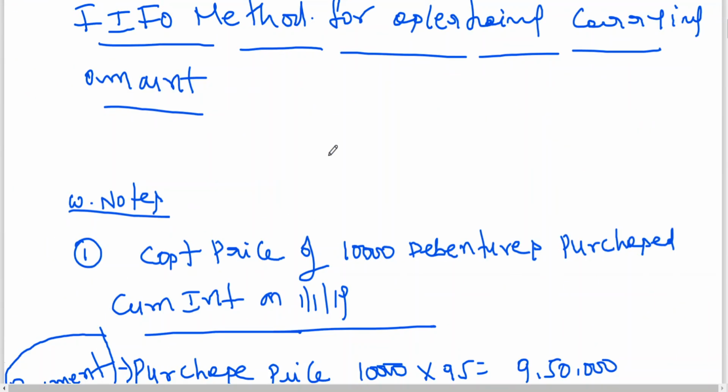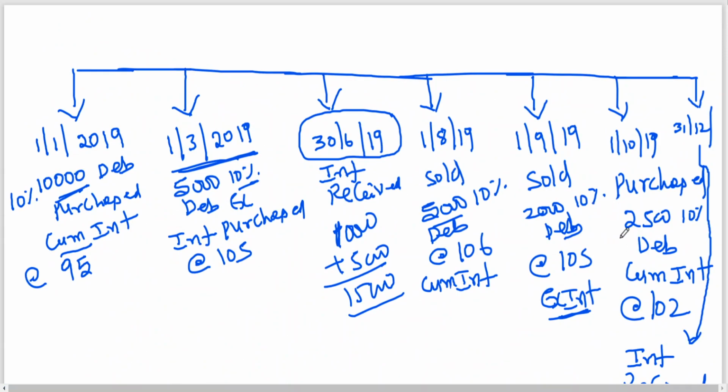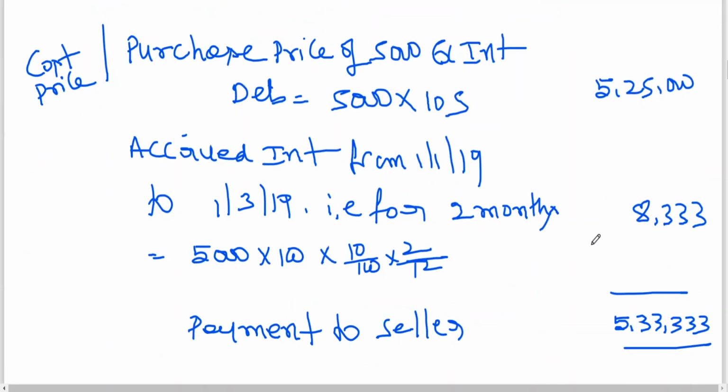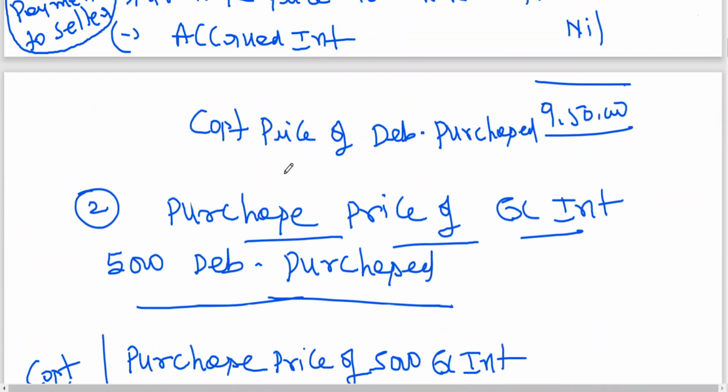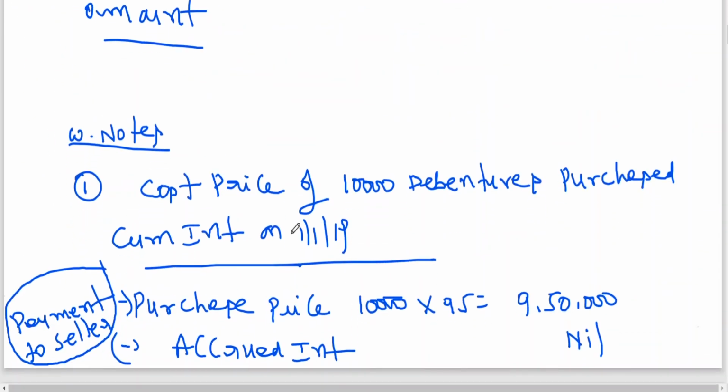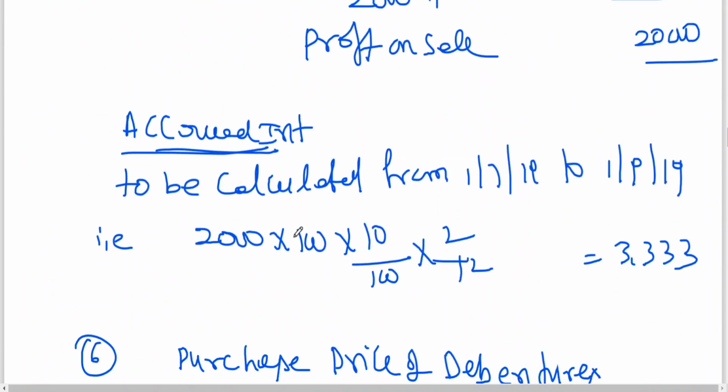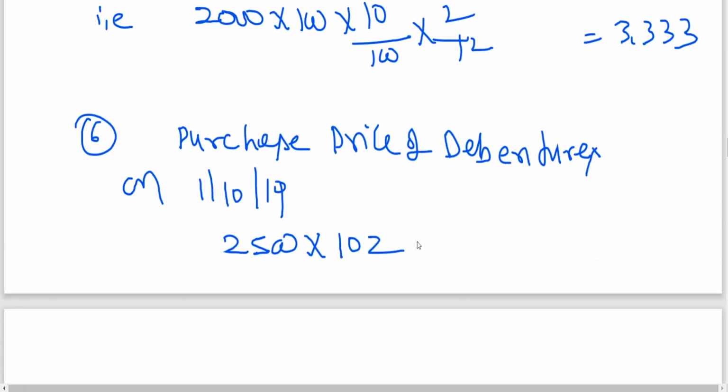Is it cum-interest or ex-interest? Cum-interest debentures at the rate of 102, 2,500 into 102, two lakhs 55,000. From this we shall deduct accrued interest.